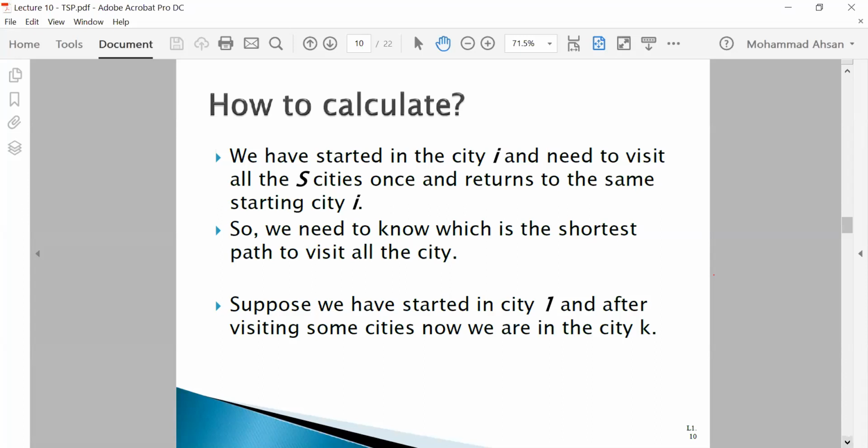So if we start at any city I, for example, we start at I, we need to visit S cities and we have to return to I. So if you have a set of cities and you have started at I, what you are left with is the set S minus the city I. These are the rest of the vertices.